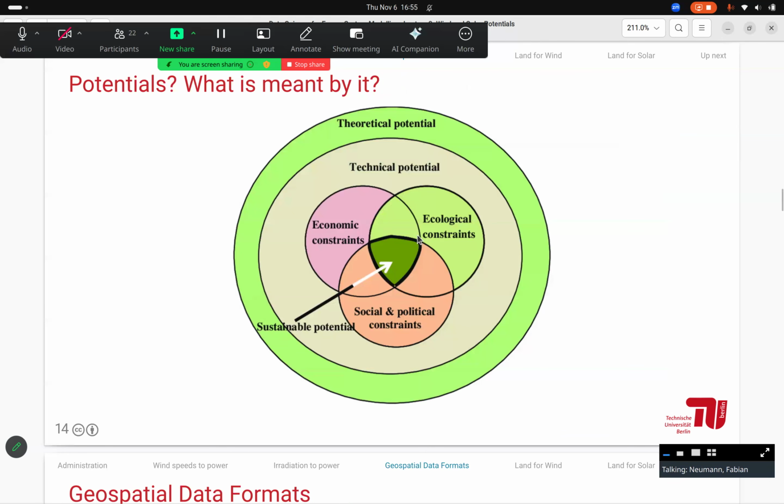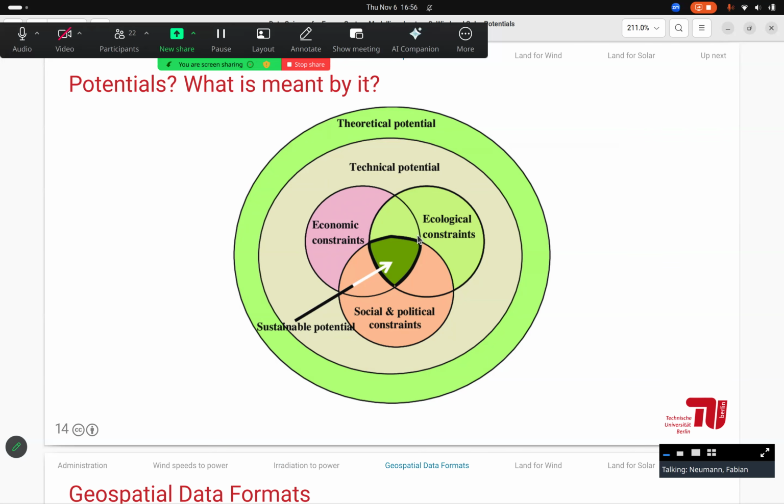And maybe from other energy-related courses, you've seen some graphic like this. When we talk about potentials, we can mean different things by it. We can mean things like the theoretical potential, things like how much solar radiation in energy hits the Earth every year.